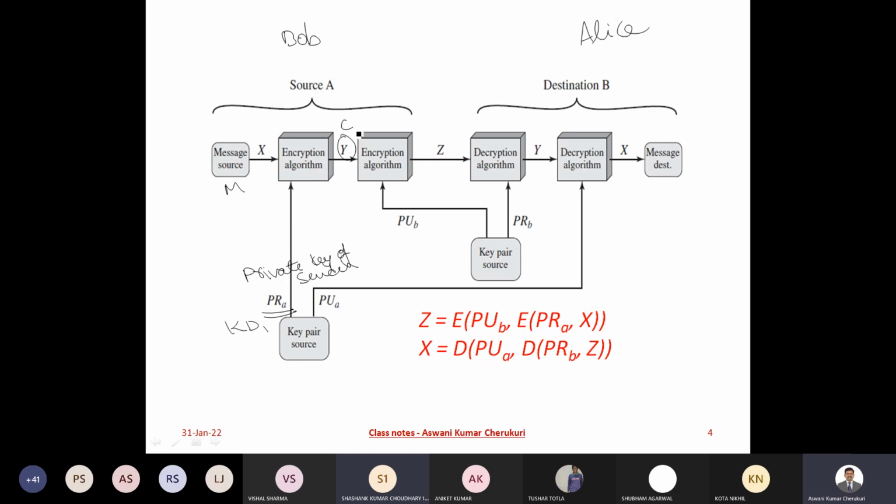Now that intermediate ciphertext is again encrypted with the public key of the receiver. Are you able to follow?